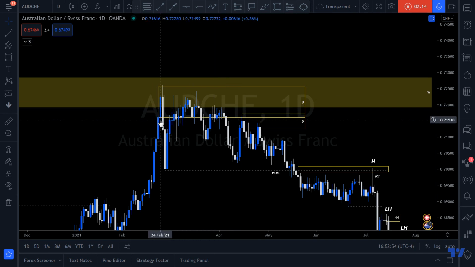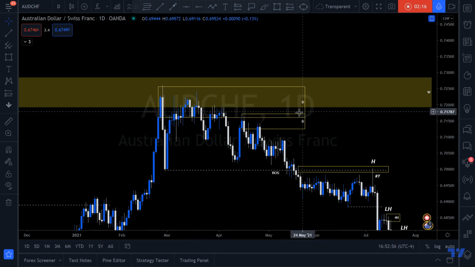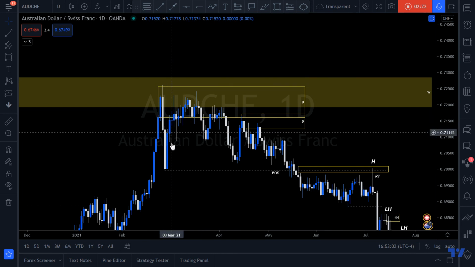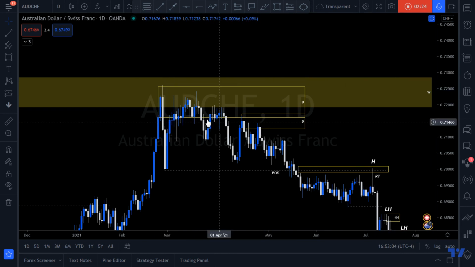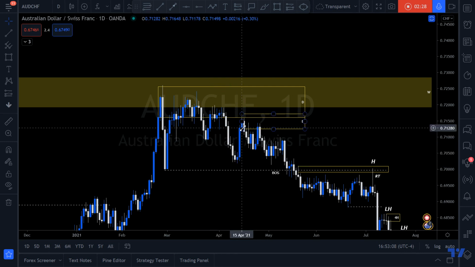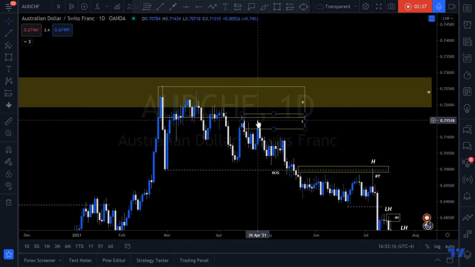But I want you to understand here that it formed a daily order block here, a daily supply zone, as it is testing this weekly. And you see how price broke this structure here down and is showing weakness. It came back up for another test, formed another daily order block, and was tested twice, one, two, and respected.